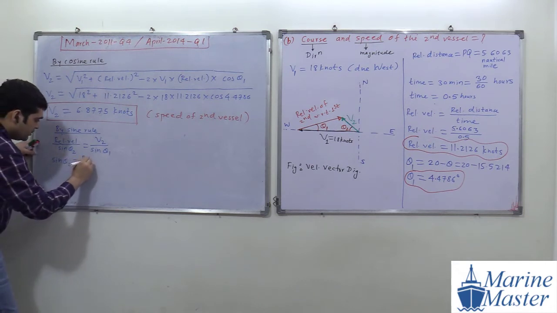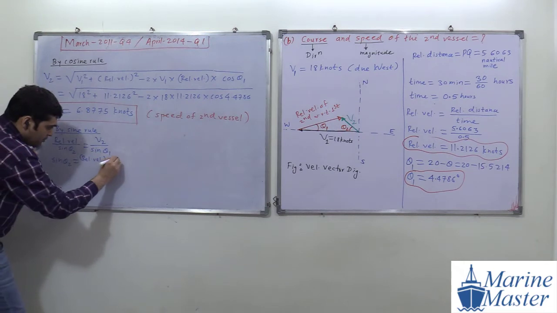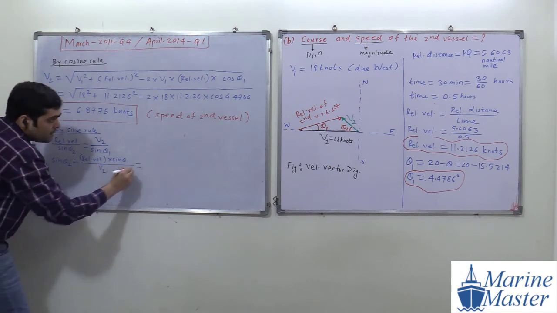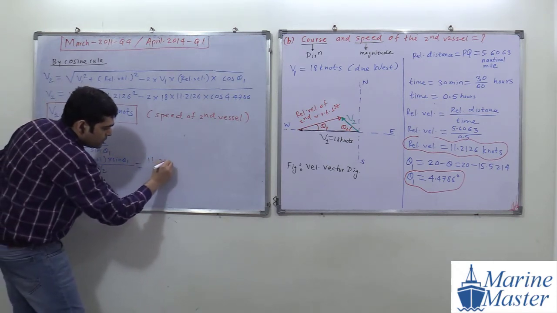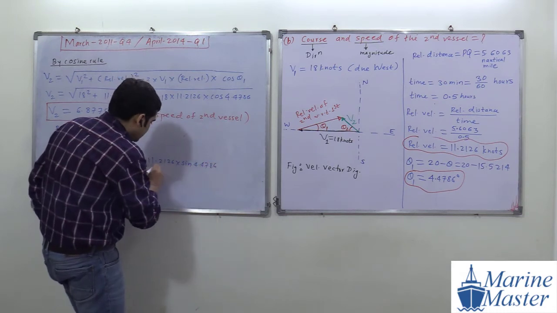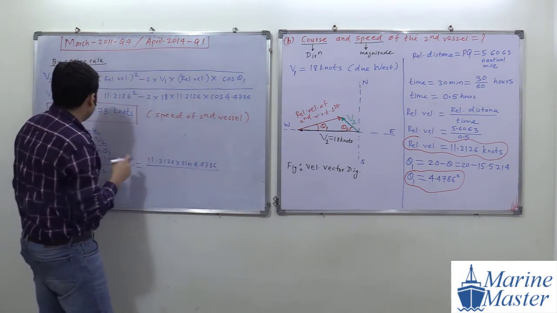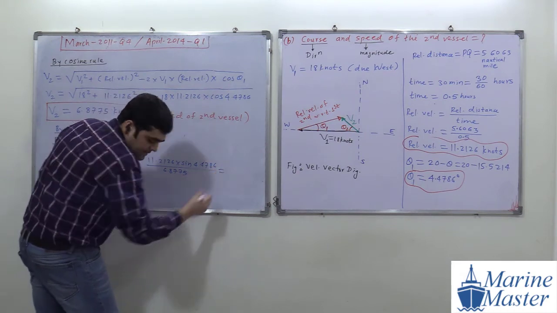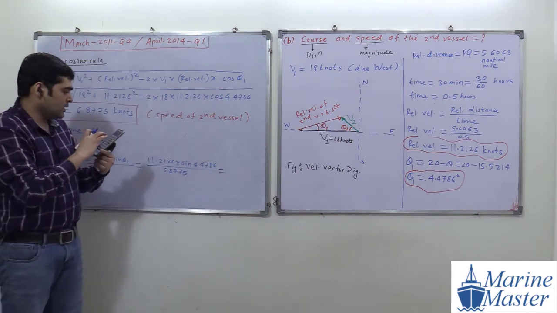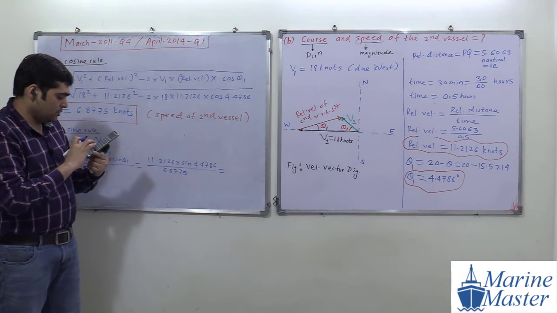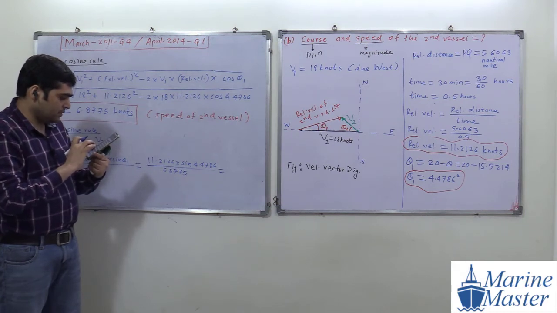Sine of θ2 will be equal to relative velocity into sine of θ1, divided by V2. The relative velocity is 11.2126, sine of θ1, where θ1 is 4.4786, divided by V2, which is 6.8775.